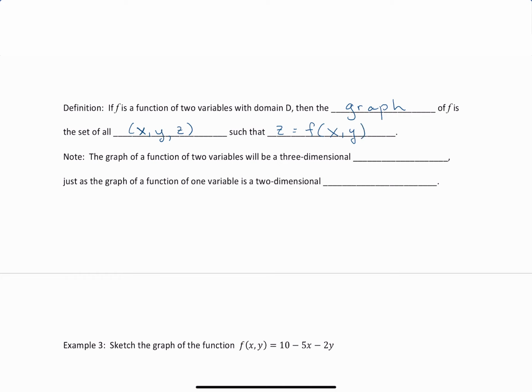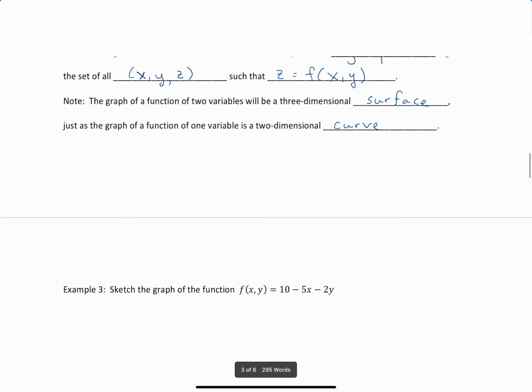And as I said earlier, the graph of a function of two variables will be a three-dimensional surface, just as the graph of a function of one variable is a two-dimensional curve.